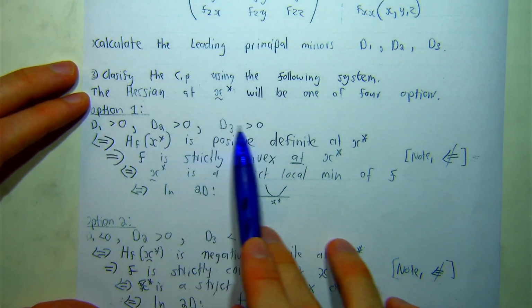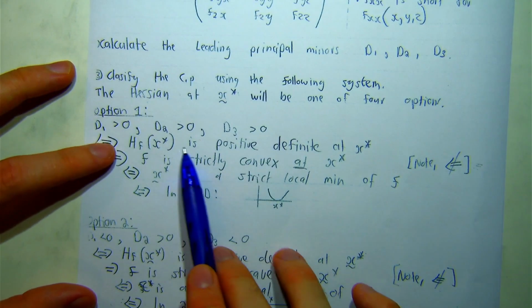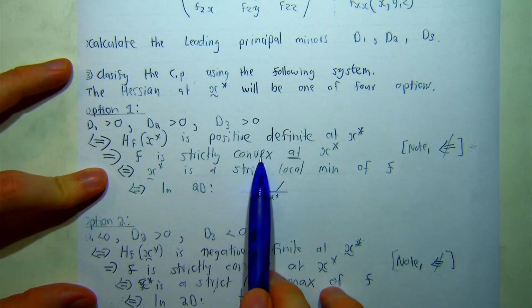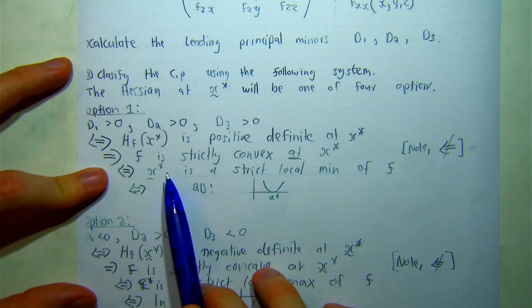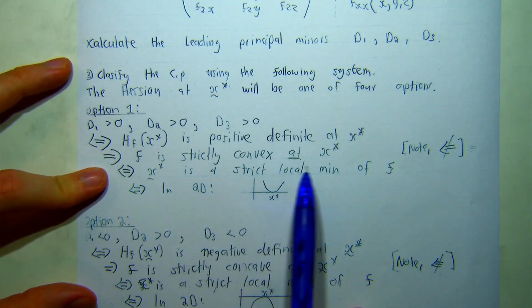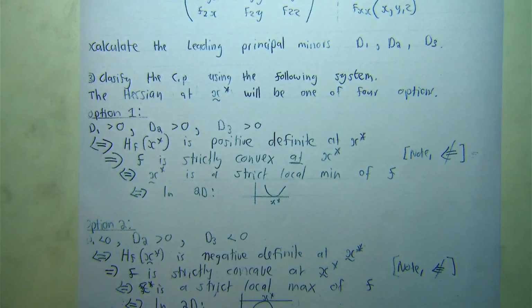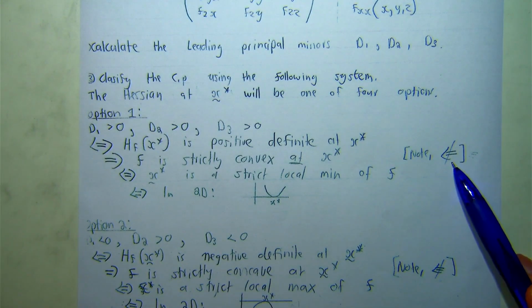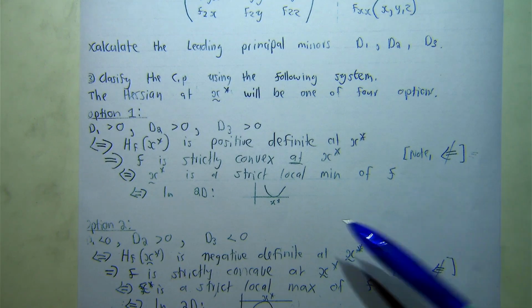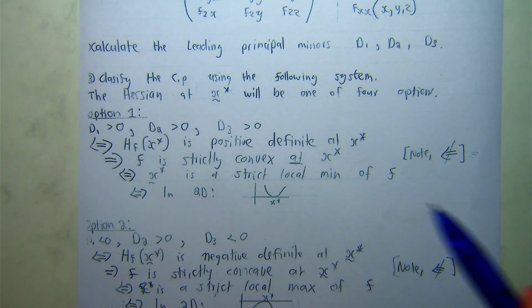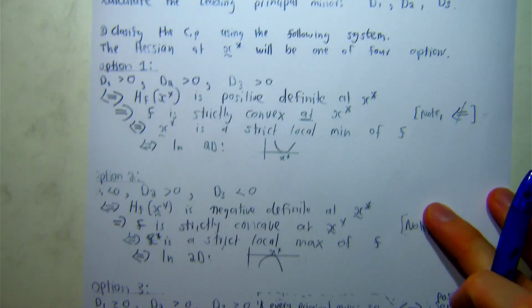If all the leading principal minors are greater than 0, we know that it's positive definite at x star, which means f is strictly convex at x star, which means x star is a strict local minimum of f. And that looks like this shape here in 2D. Notice that it's not double arrows because you can be convex without being strictly positive definite. But if it is positive definite, you know that it's convex.